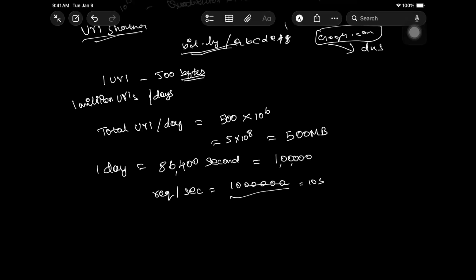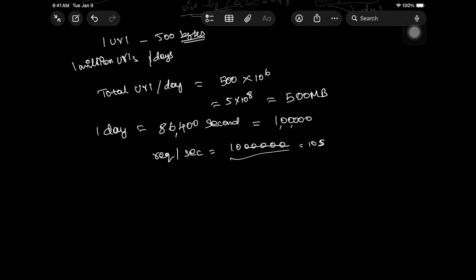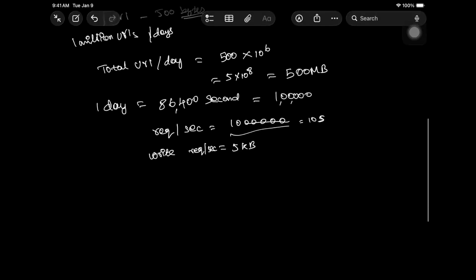Only 10 requests per second we need to handle. And data per second will be just 5 KB. Basically this is write per second. Okay, this is per second.